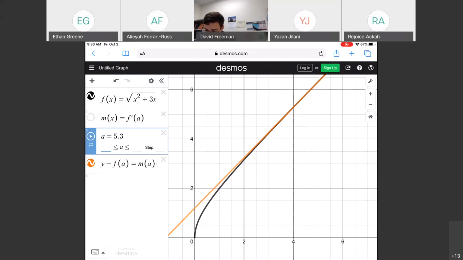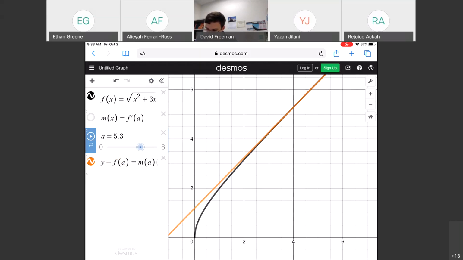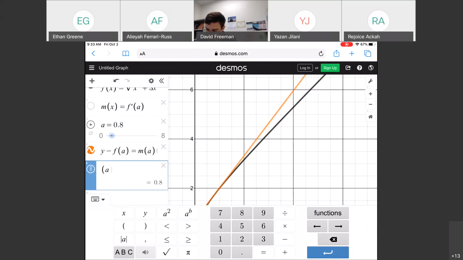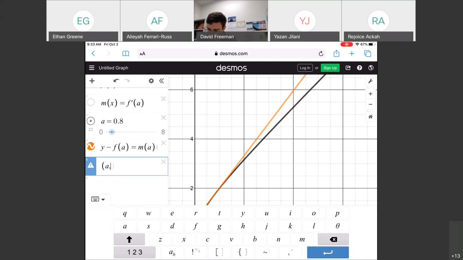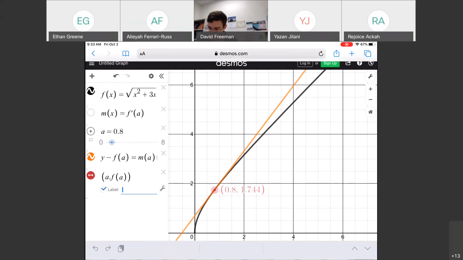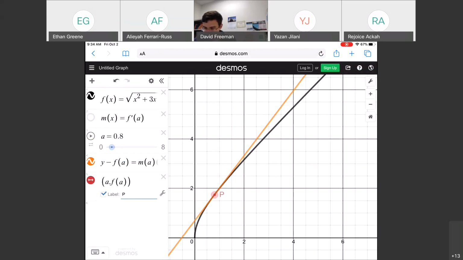Let's only focus on positive a values. Look what happens as I move that slider. Here, let me highlight the point a, f of a. So there's the point, right? Let's call it point P. As I move my point, look at that.